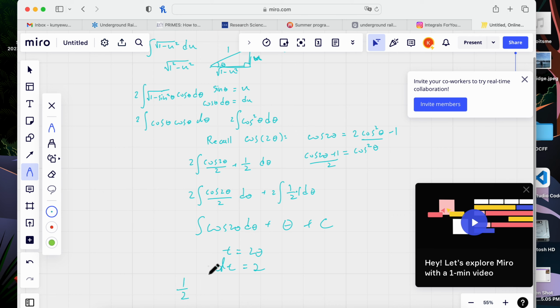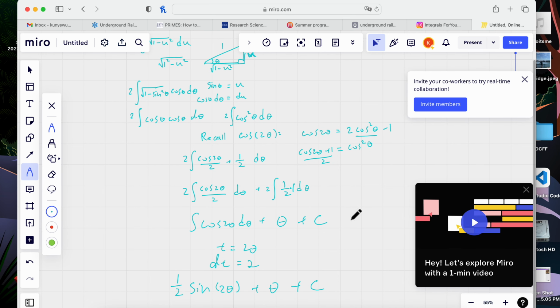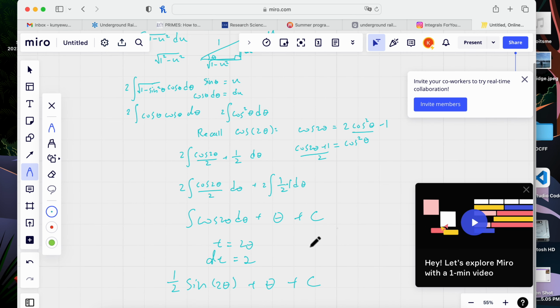So this integral now becomes 1/2 times the integral of cosine t. So now that becomes 1/2 sine of t. But t is 2 theta, so I'm going to plug 2 theta back for t. Plus theta plus c.